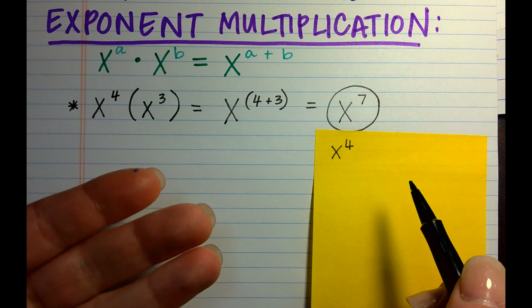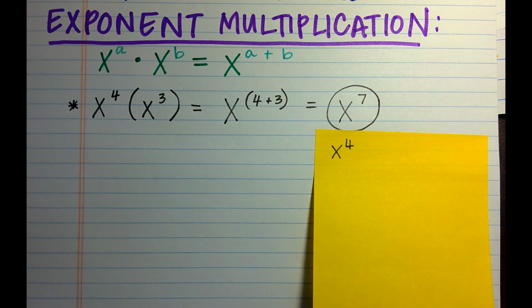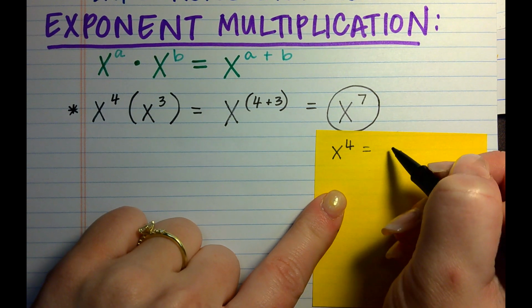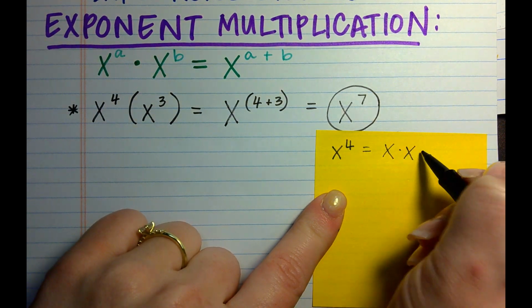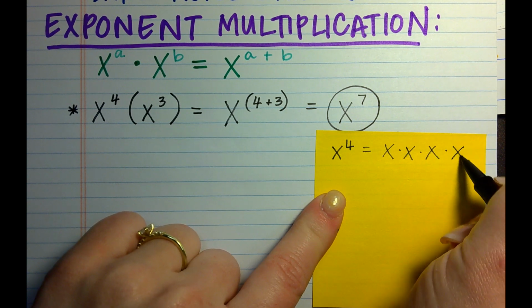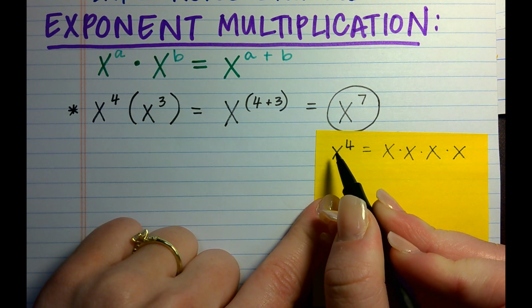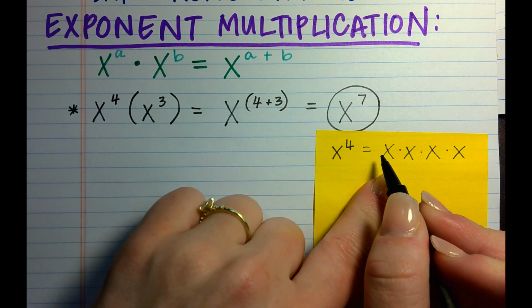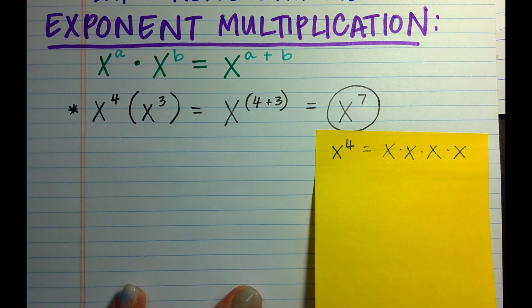It means I'm taking x times x times x times x, 4 times. So we could write this as x times x times x times x. X to the 4th is the same as x times x times x times x.